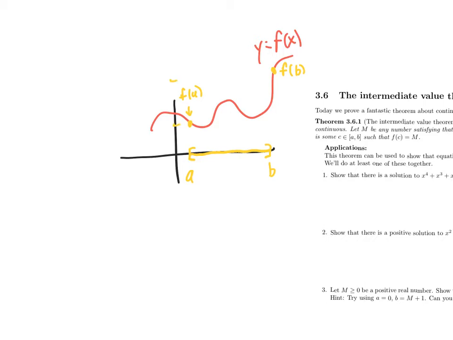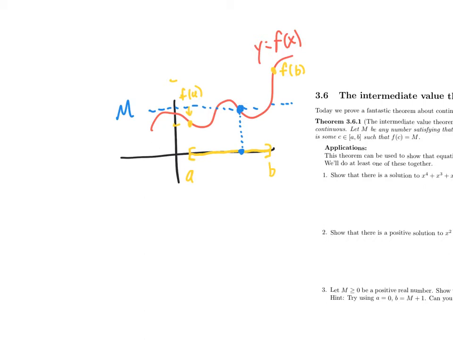If you pick some other y value that's between those two y values, say that y value, so there's this y value m, what the intermediate value theorem says is that there must be some input between a and b where f of that input is equal to m. And from the way that I drew this picture, it seems like an obvious fact. If you have the picture of a graph, it starts below some dotted blue line, ends above that dotted blue line, then someone has to cross the dotted blue line.